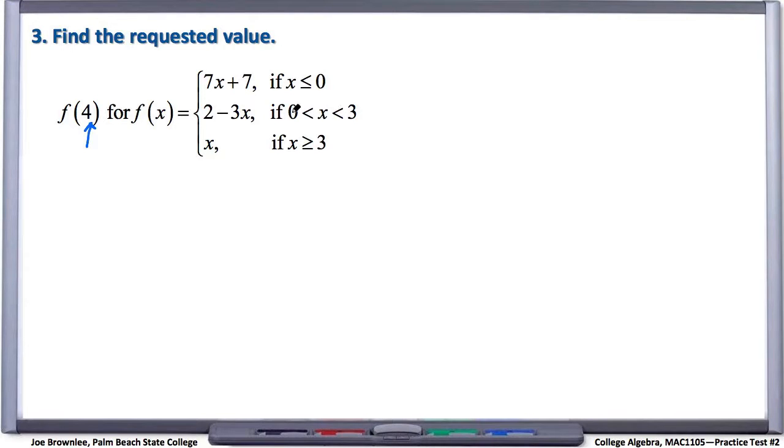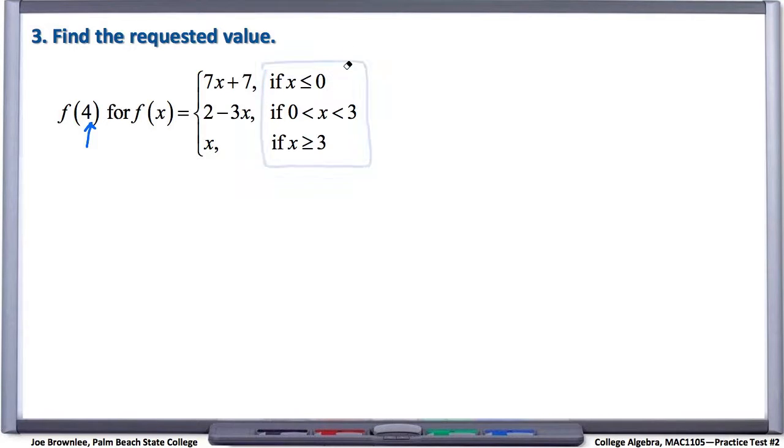So x has to be somewhere between 0 and 3, not including 0 or 3. And then we have f of x equals x if x is greater than or equal to 3. So if we're trying to find f of 4, based on the domain restrictions here, we have to determine which piece of the piecewise function we're going to plug this value of 4 into and then evaluate.